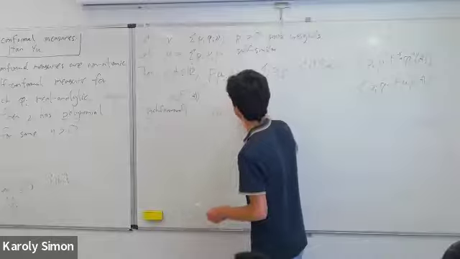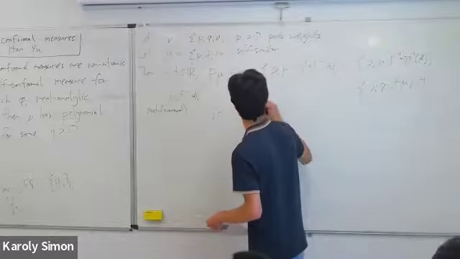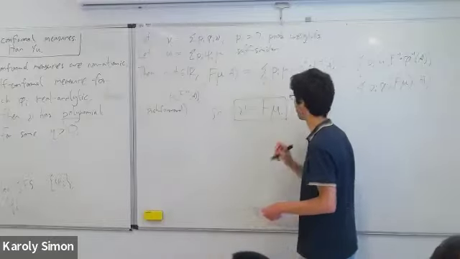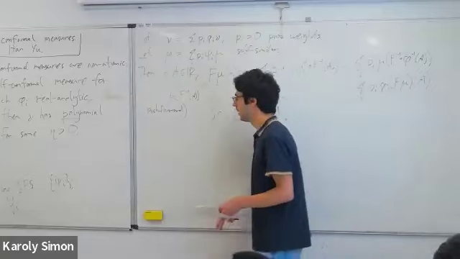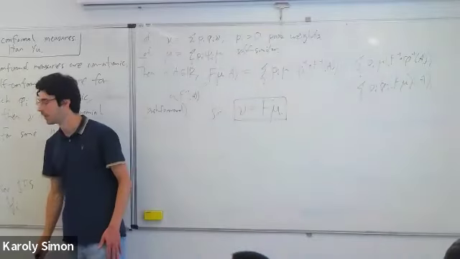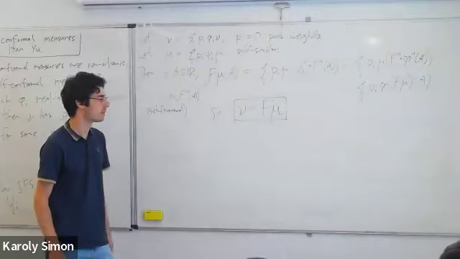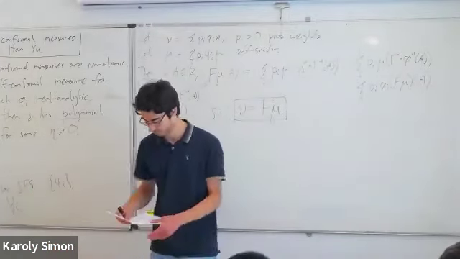So the conclusion is that nu is equal to F mu. So these conjugates within these self-conformal measures can be realized as push forwards of self-similar measures by the conjugacy map. So for now, we can basically work with push forwards of self-similar measures in this talk.